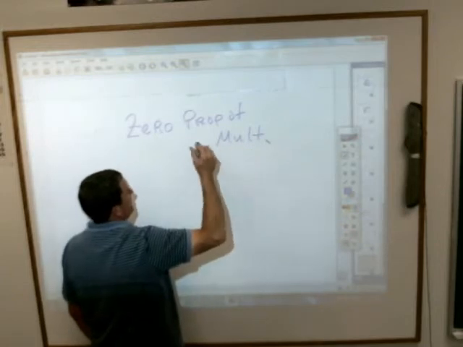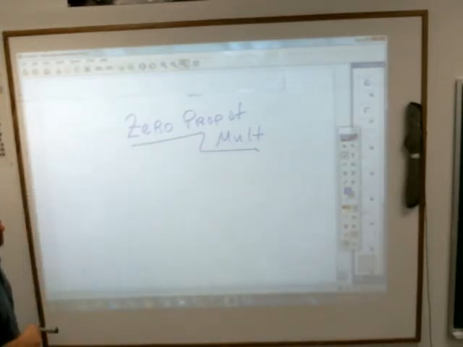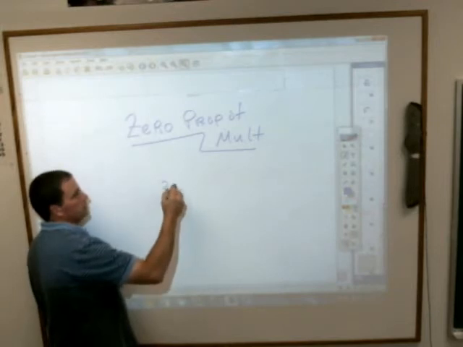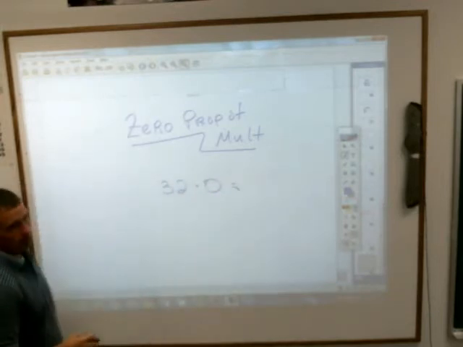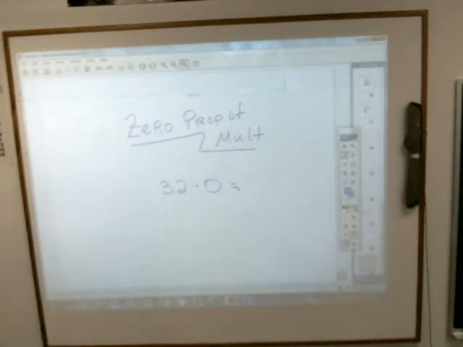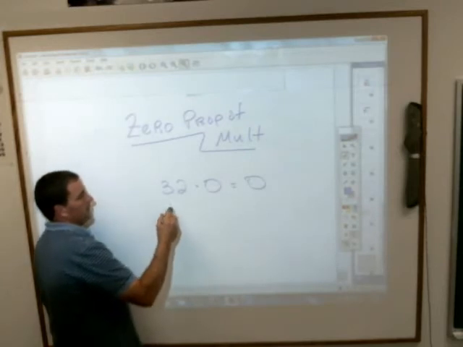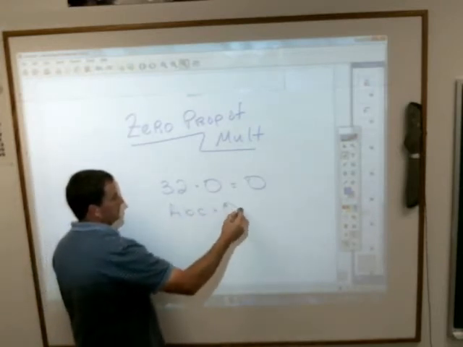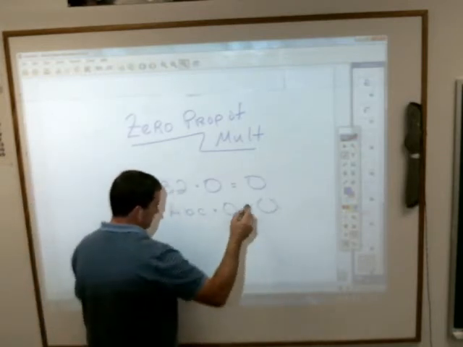And you'll be able to figure this out just by the title of it. What is the 0 property of multiplication? Thinking about this, if you take 32 and multiply it by 0, you are going to get 0. If you take A, B, C times 0, you're going to get 0.